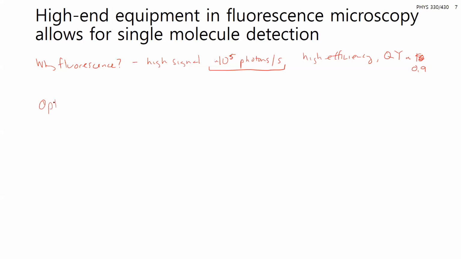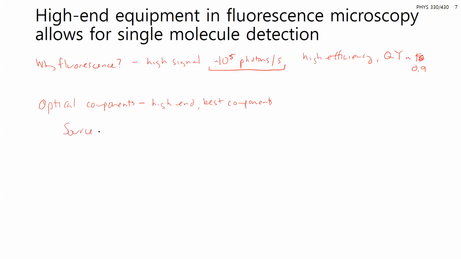And since we talked about fluorescence microscopy, the difference with being able to detect single molecules is you use high-end, or the best components, to get as many photons out as you can, so you can get down to the single molecule level.